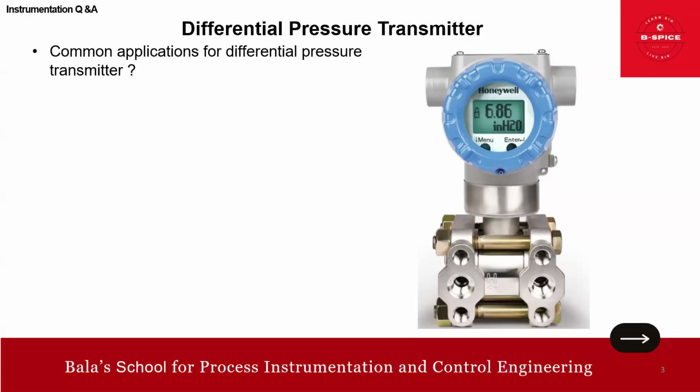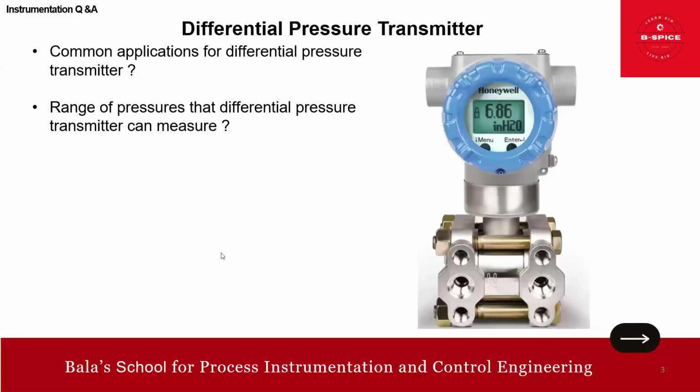In fact, we have uploaded many videos on this. If you are really interested, you can subscribe and watch. Then, of course, level measurement in tanks, and also filter monitoring by measuring the pressure drop across the filter. So these are some of the common applications of differential pressure meters.